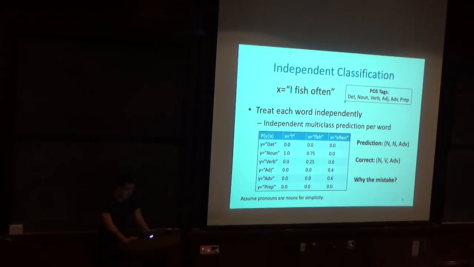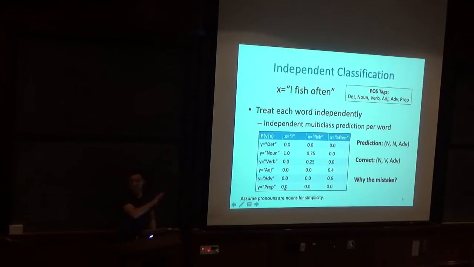And so suppose we learn this model. Here it's a tabular model of the probability of y given x, where if x is I, then we're modeling the probability of each of the part of speech tags. Let's say we fit this on the data, and these are the numbers we get. For I, the probability of noun is 100% and 0 everywhere else.